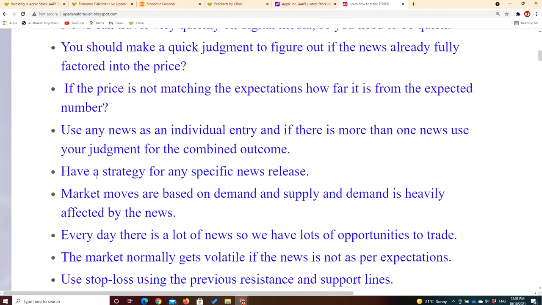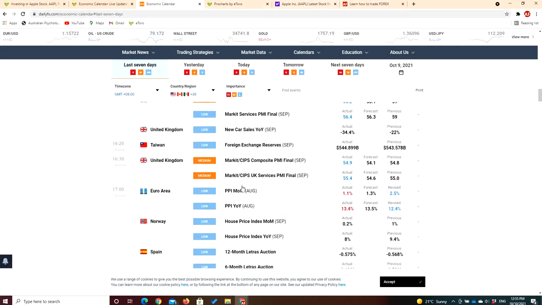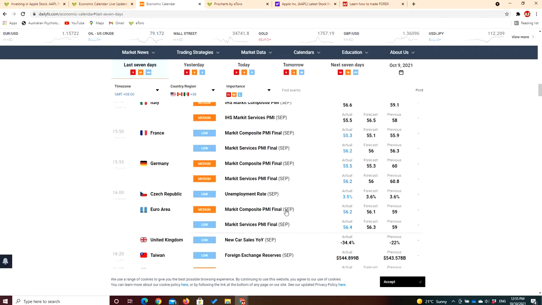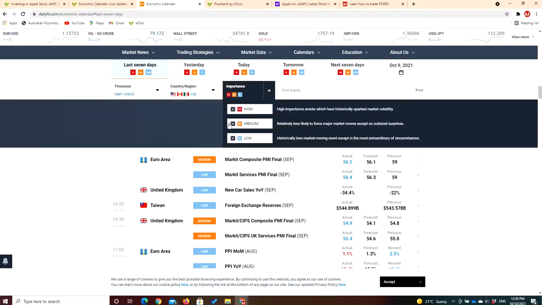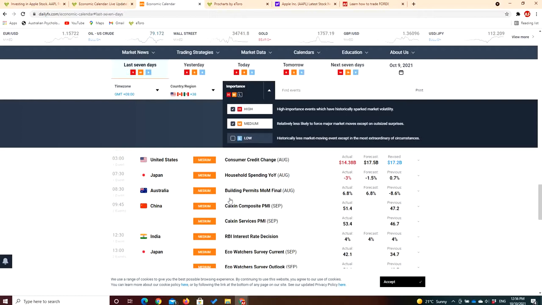Then, as I said, next point is have a strategy for any specific news. So if you're waiting on, for example, this specific number, let me just filter this to high and medium. I'm just removing the low one. Okay.